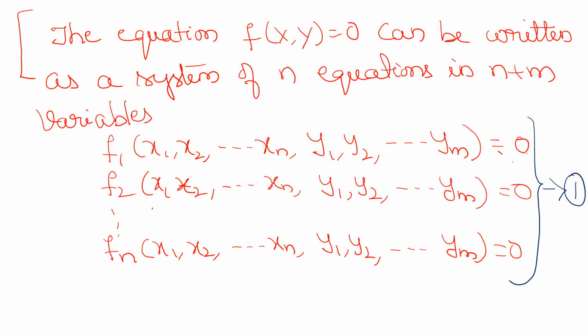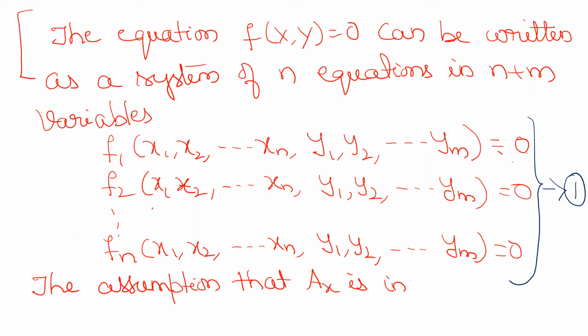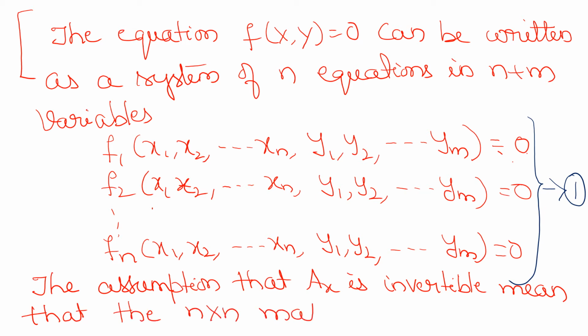And what is it that we have seen? The assumption that A_x is invertible, that also is there in the statement. The transformation A_x is invertible means that the n by n matrix, what is that n by n matrix?